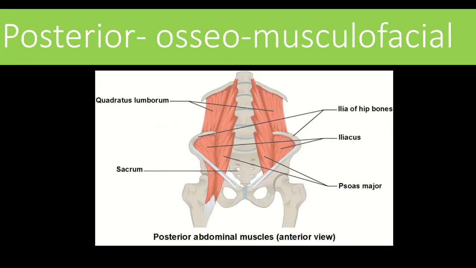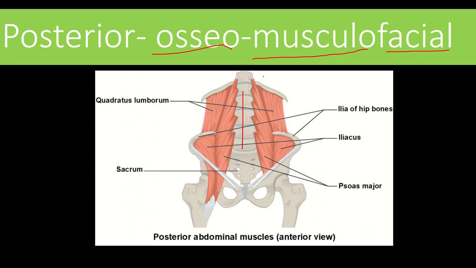The next one, posterior wall. Posterior wall is formed by osseo-musculofacial component. We can see here the osseous part, that means bones, then musculo means muscle part, and facial part or fibrous part. Here we can see the lumbar vertebrae: lumbar 1, 2, 3, 4, and lumbar 5.